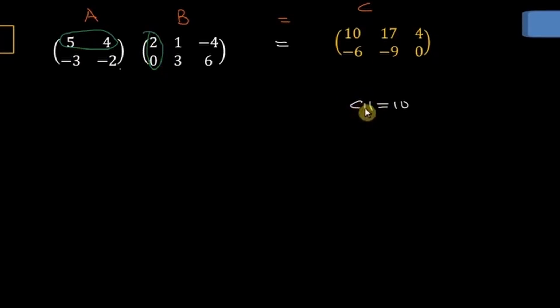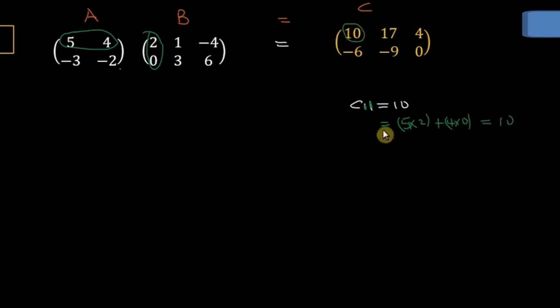C11 is obtained by multiplying row 1 of matrix A by column 1 of matrix B. And my answer is 10. So how do I do this? I would have C11 is equal to 5 times 2 plus 4 times 0, which is equal to 10. And this is how I got this 10.